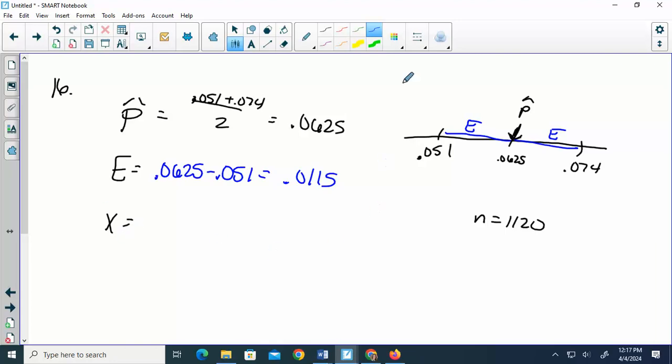And then x, how can we find x? We know that p hat is found by doing x over n. Our p hat was 0.0625, so that has to equal x over 1,120. If you multiply that over, you get that x had to be 70. So we're just working backwards on those problems.